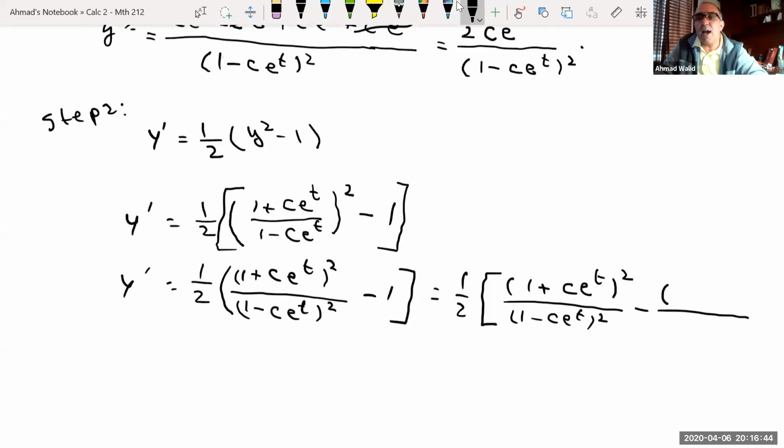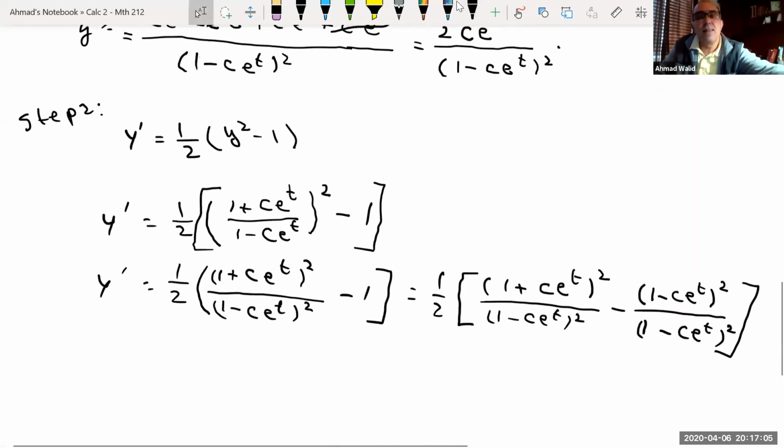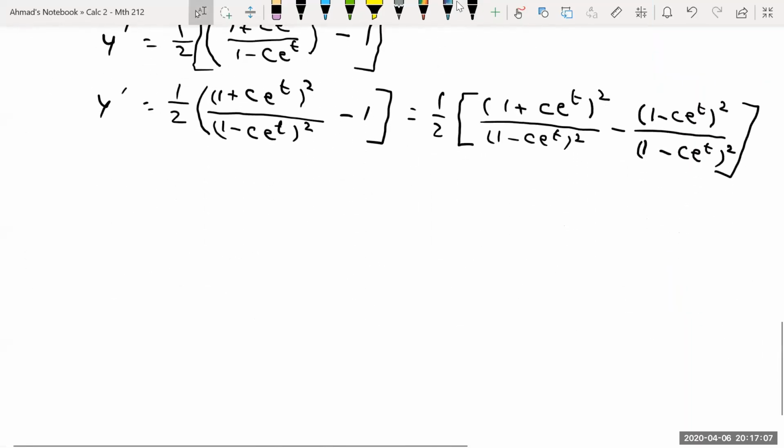It means here I will get 1 minus ce to the power of t square, also denominator 1 minus ce to the power of t all square. Any question up to this step? Good, okay.